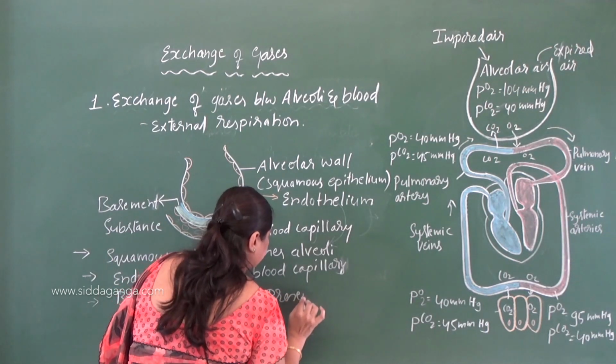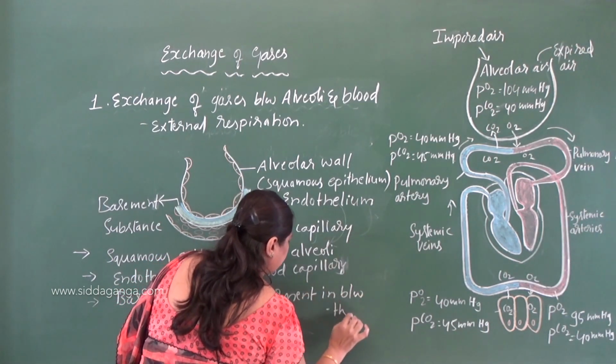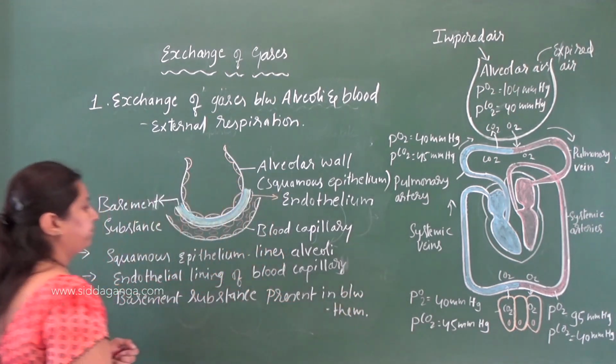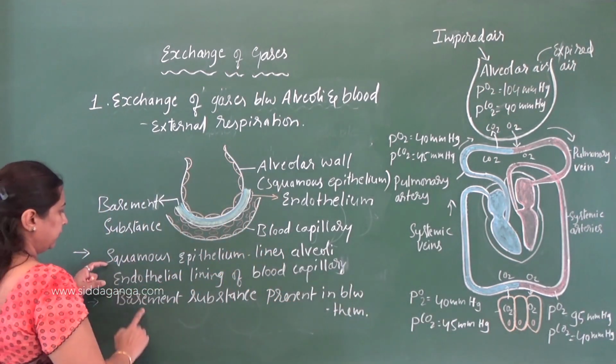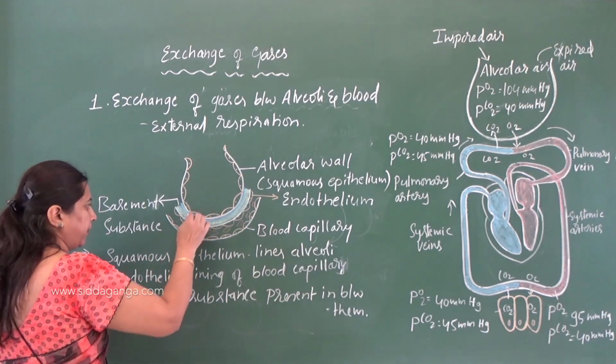So all three layers form the respiratory membrane. So this is the respiratory membrane.